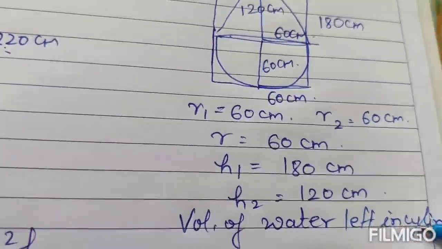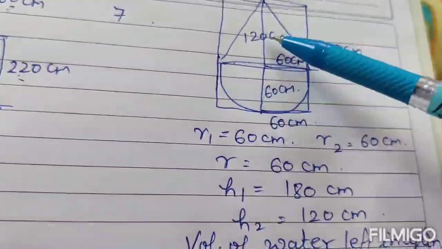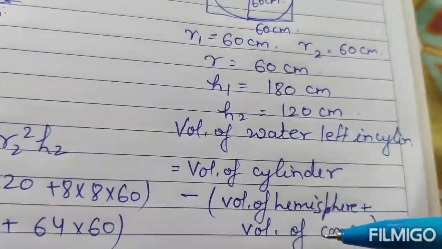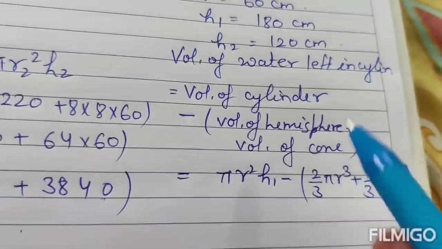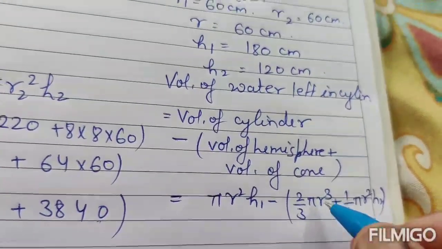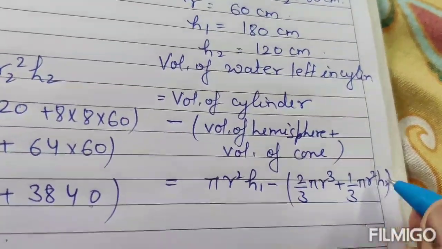Volume of water left in the cylinder. It means volume of cylinder minus volume of cone plus volume of hemisphere. Volume of cylinder is pi r square h1 minus volume of hemisphere plus cone, 2 by 3 pi r cube plus 1 by 3 pi r square h2.